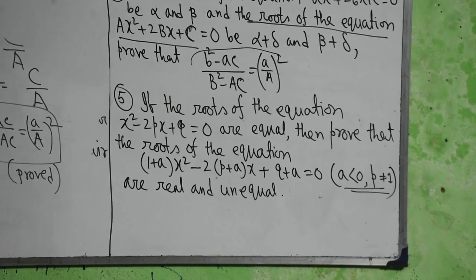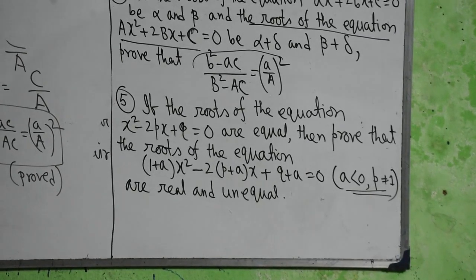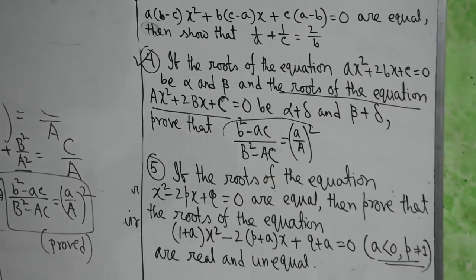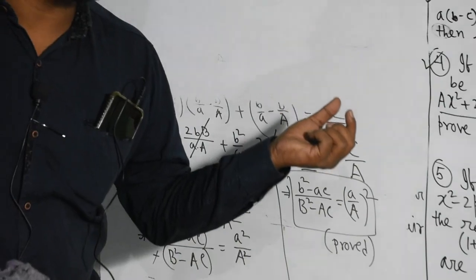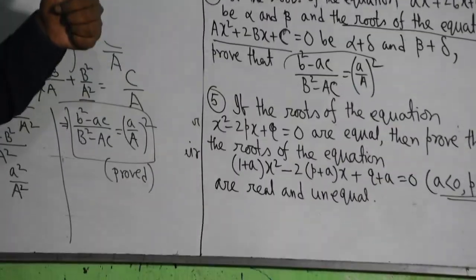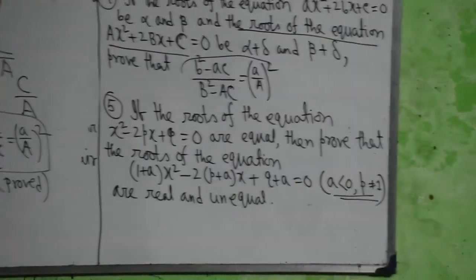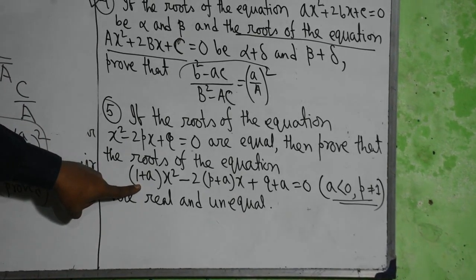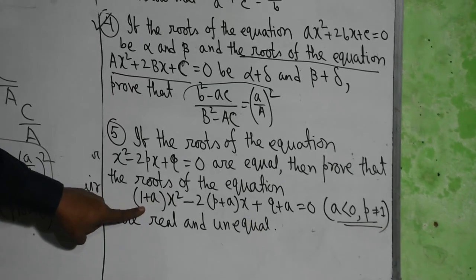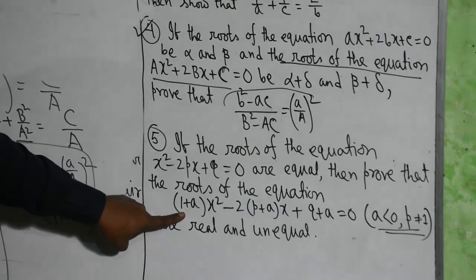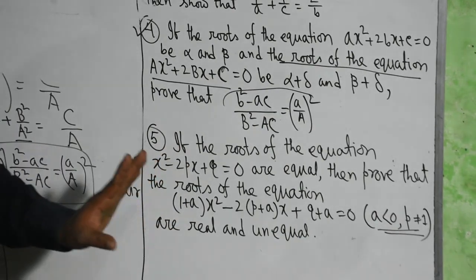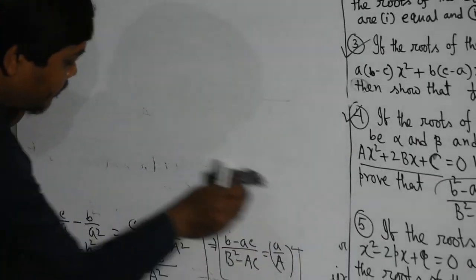When the discriminant is a positive quantity, the roots are real and unequal. So you take the condition from the first equation, use it in the second equation, and show that the discriminant, b square minus 4ac, is positive. That we have to show. Okay.